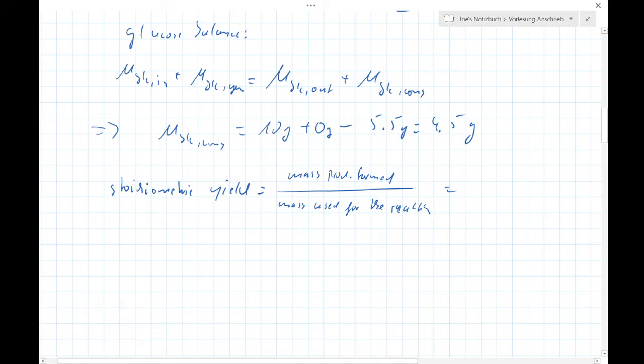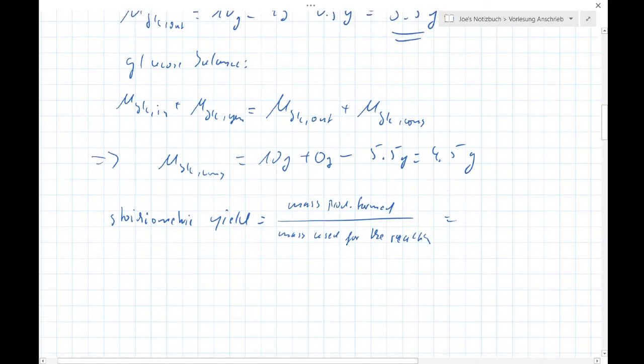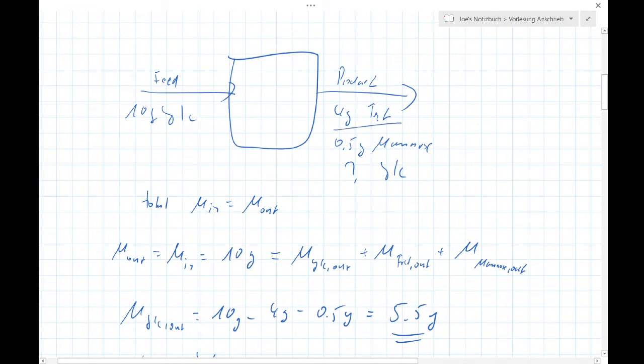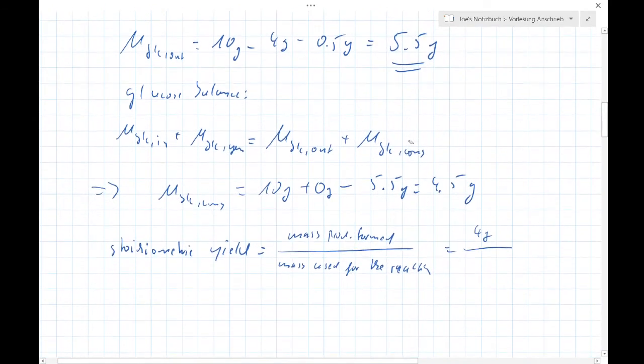We have done tons of calculations, but we know that we have 4 grams of fructose. That's our product. And by stoichiometry, we know that it's an isomerization. So the fructose generated is the same as the fructose out. That comes from the mass balance. And glucose consumed based on stoichiometry must be the same, so it's also 4 grams. So it's 1 gram per gram, the stoichiometric yield.